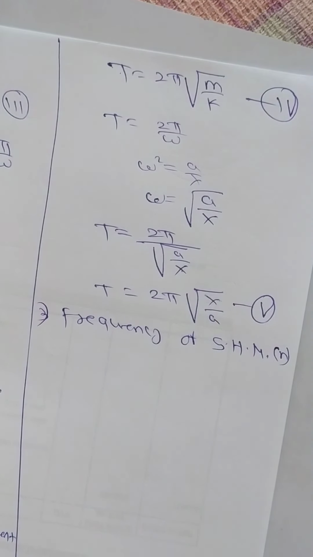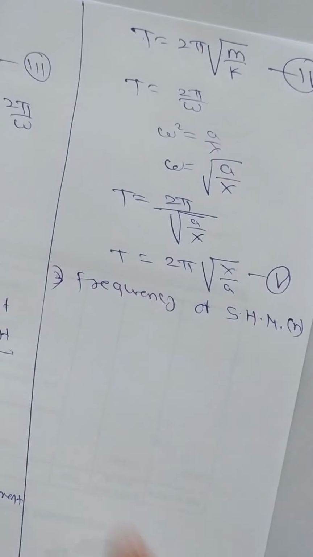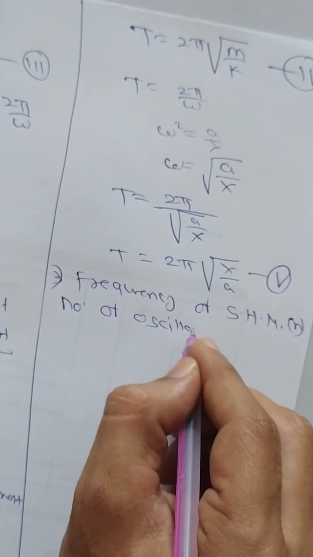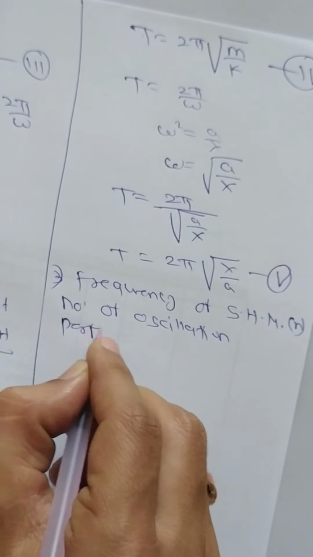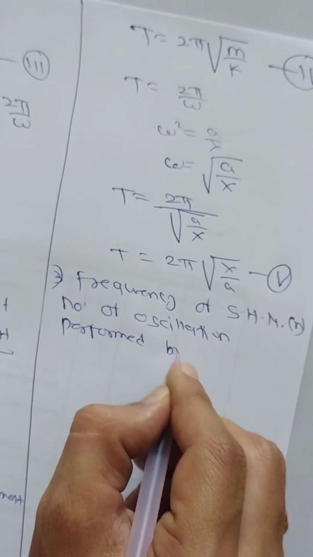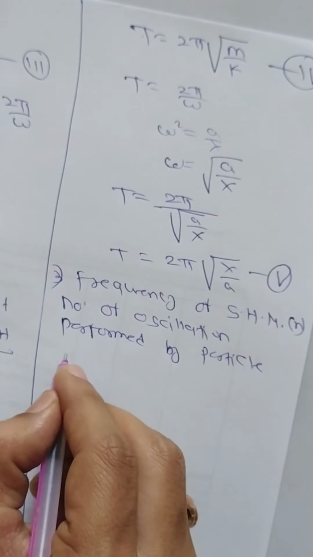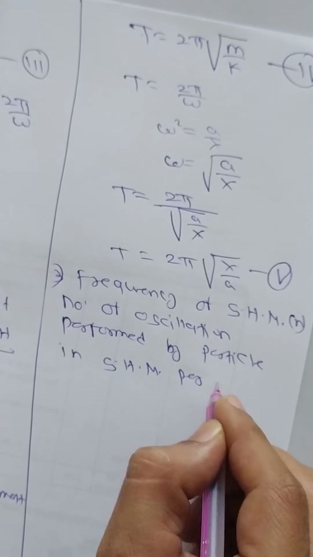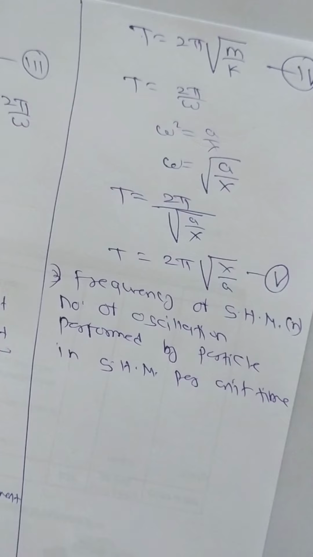Number of oscillations performed by a particle in SHM per unit time is called frequency of SHM.